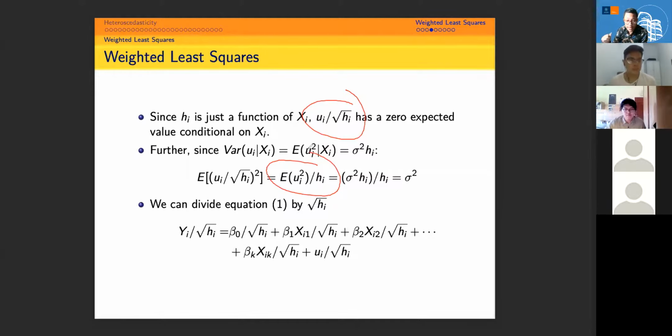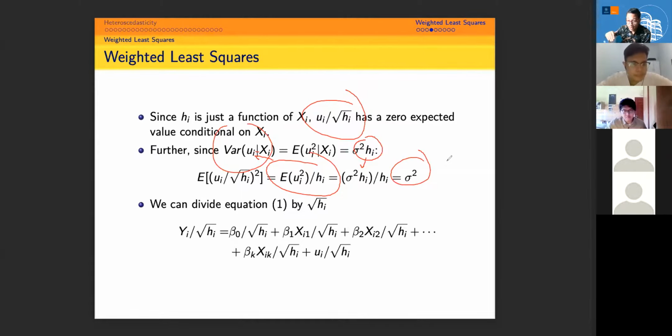What's the expected u squared? It is equal to the variance, which is assumed to be sigma squared h. So sigma squared h divided by h is sigma squared. So by transforming the error term with the inverse of the square root of h, theoretically we get a homoscedastic error.